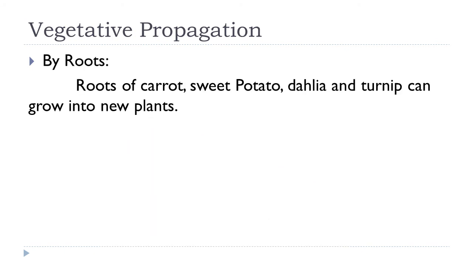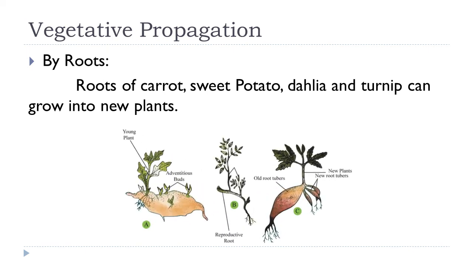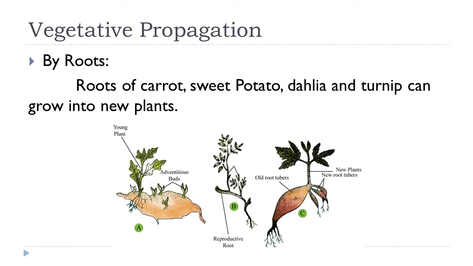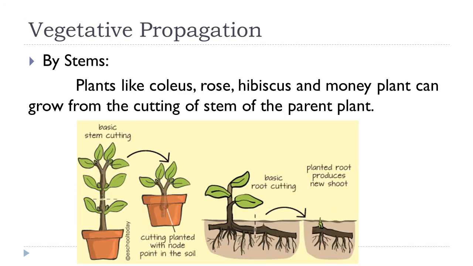So first, by roots. Roots of carrot, sweet potato and turnip can grow into new plants. And by stems. Plants like rose, hibiscus and money plant can grow from the cutting of the stem of the parent plant.